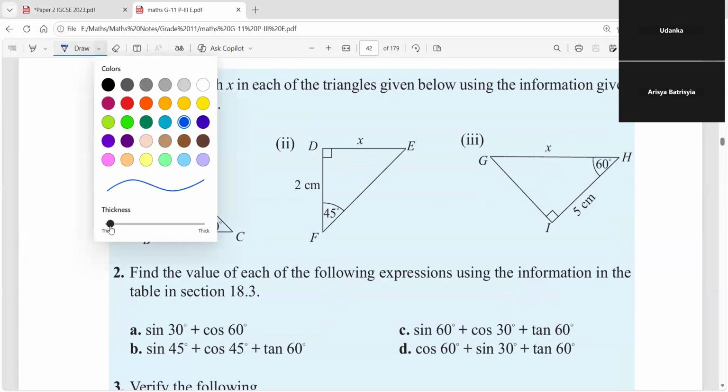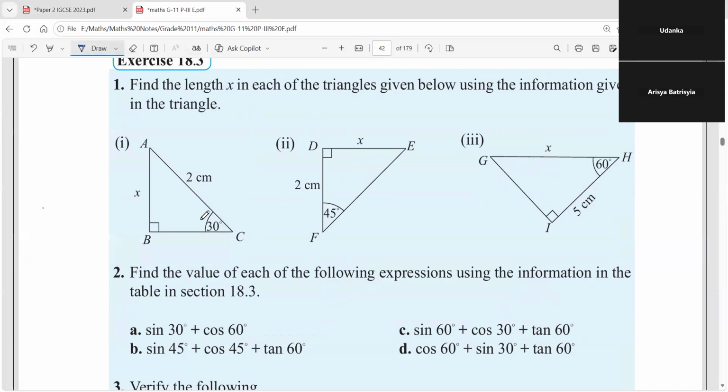So first of all, according to this angle, what is this one? Here opposite one. In front of 90 degrees, they are having hypotenuse. Opposite and hypotenuse. What is the ratio they are taking? Sine or cos or tan? Opposite and hypotenuse, they are taking sine. You can write sine theta equal what? Opposite over hypotenuse. Opposite one is x over 2.